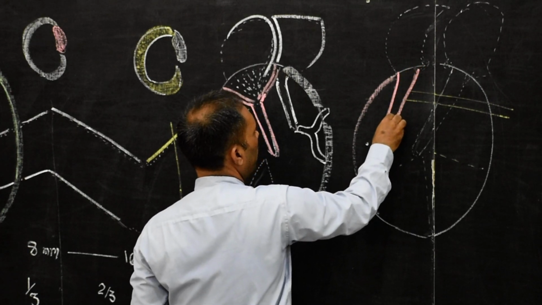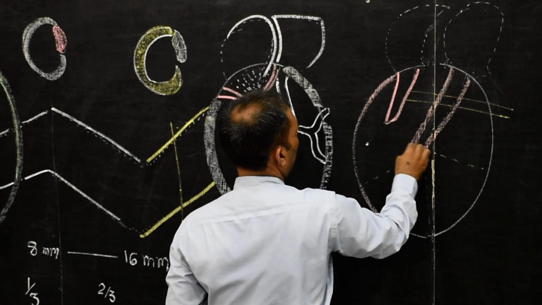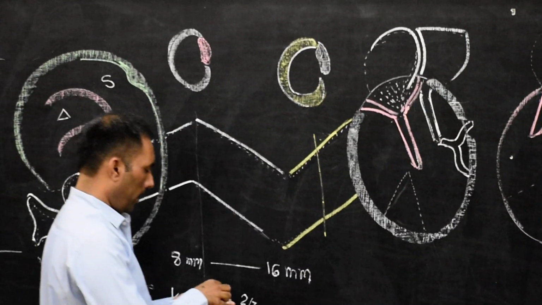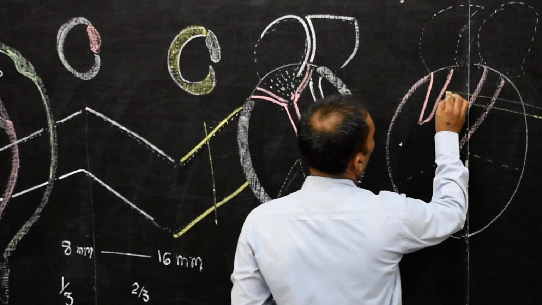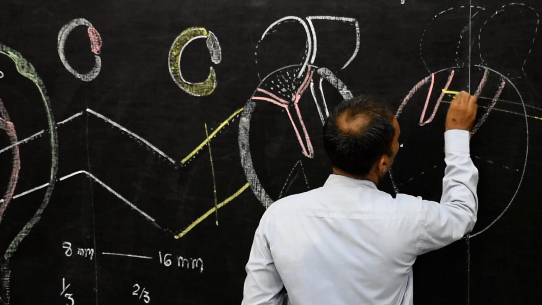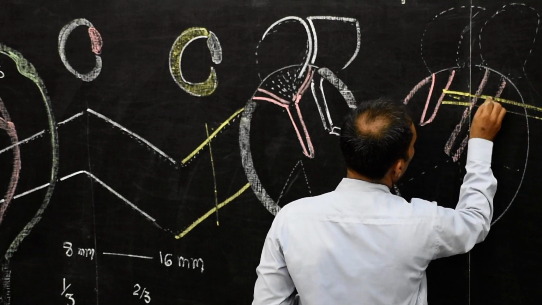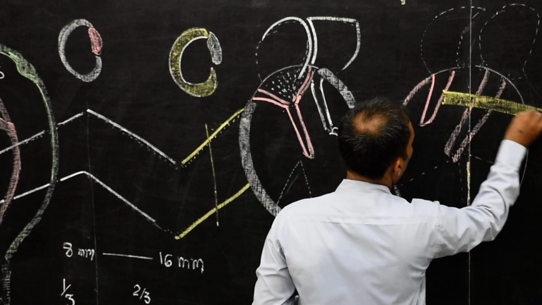Here is the incus, and one of the important nerves passes between the malleus and incus. These deeper relations we will be learning within the cavity.